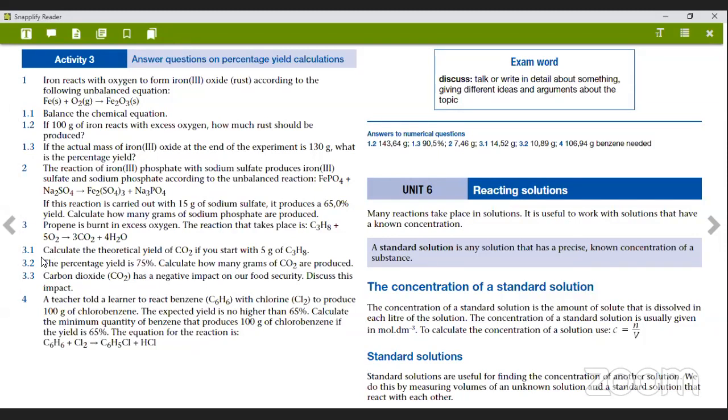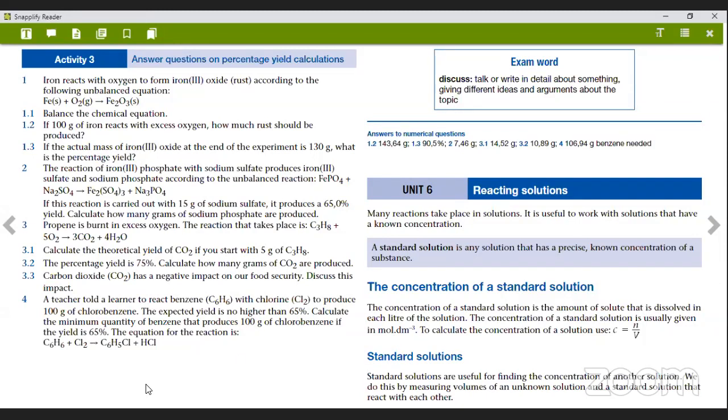So for the first one, they ask calculate the theoretical yield of carbon dioxide if you start with 5 gram of C3H8. And then number 2, they say the percentage yield is 75%.